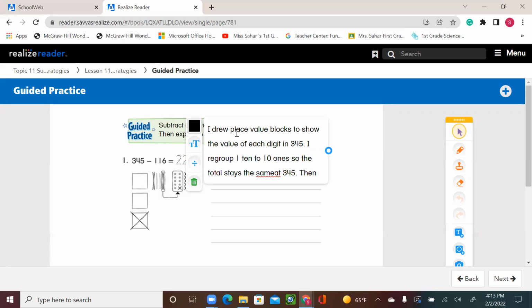Then subtract 116. And the answer is 229.